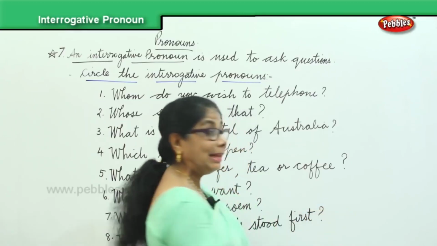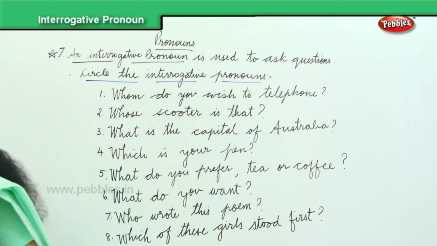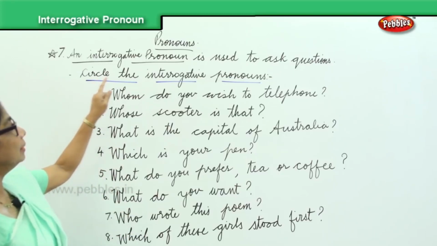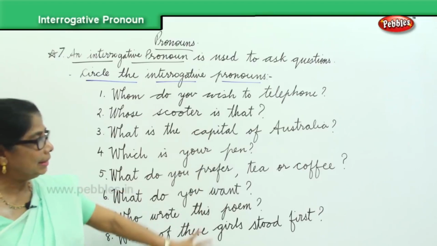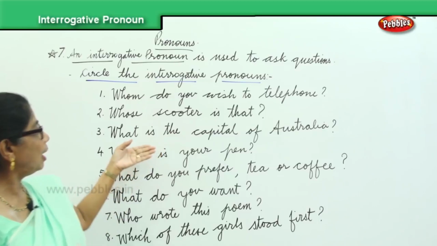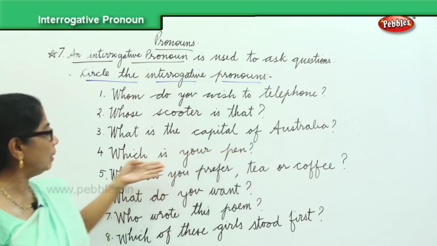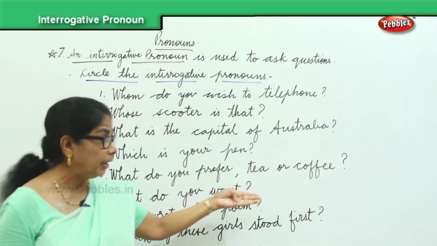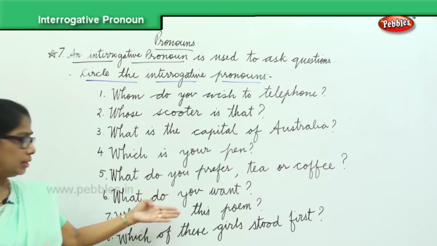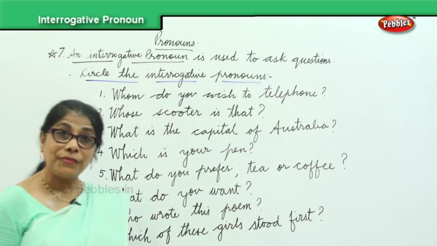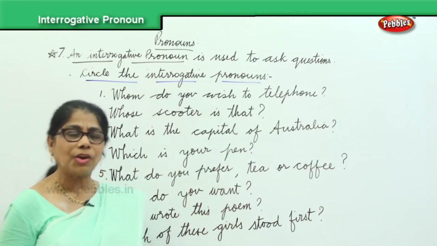I have 8 sentences for you here. Circle the interrogative pronoun in these sentences. Whom do you wish to telephone? Whose scooter is that? What is the capital of Australia? Which is your pen? What do you prefer, tea or coffee? What do you want? Who wrote this poem? Which of these girls stood first? So all these are interrogative pronouns.